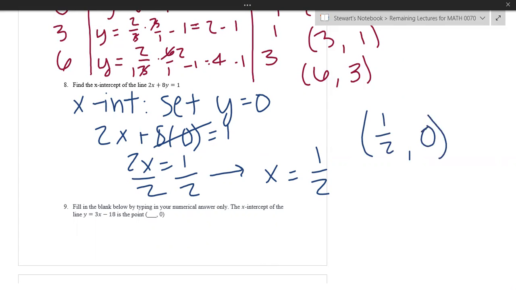The 0 part comes from the fact that we set y equal to 0, and the 1/2 is just solving. So this is the point where the graph of this equation would intersect the x-axis, the horizontal line that I highlighted in yellow up there.